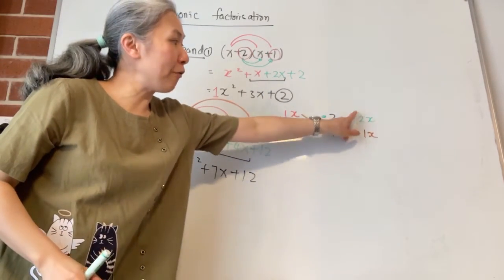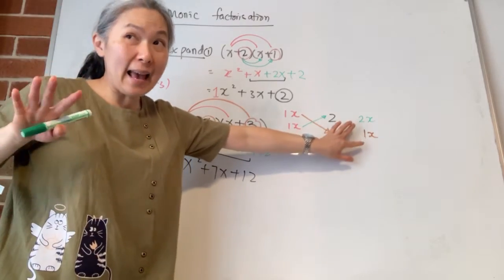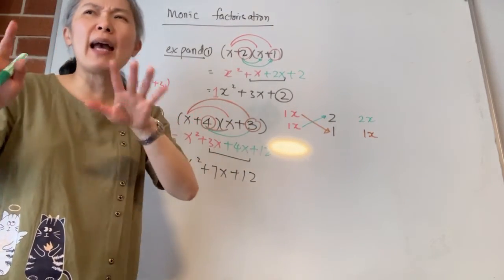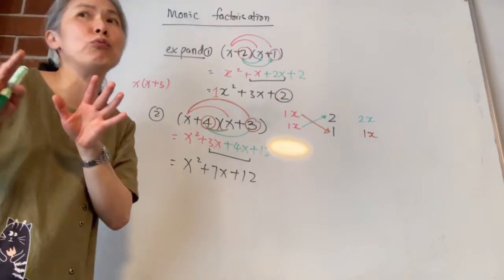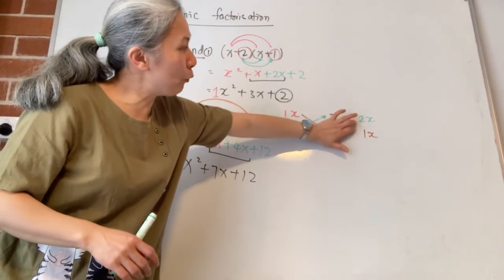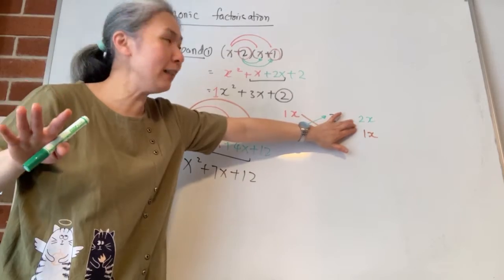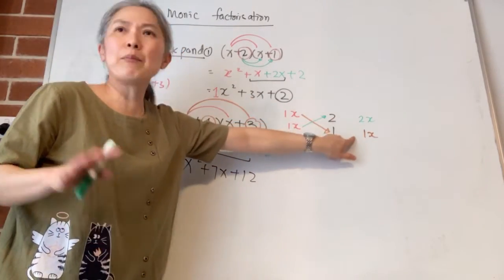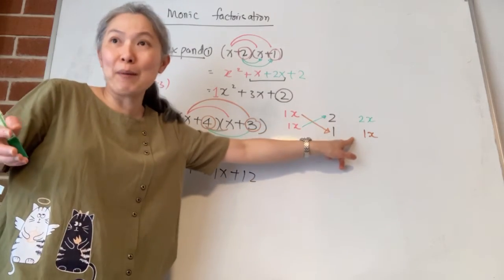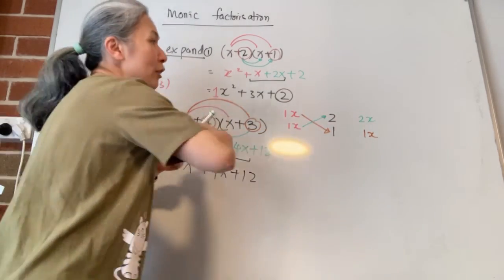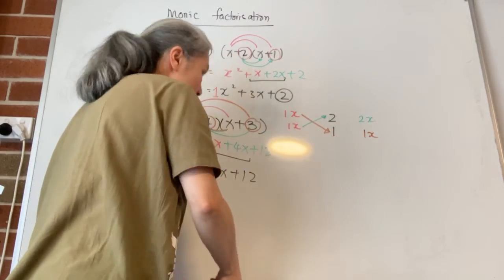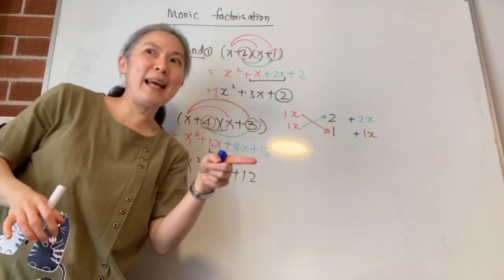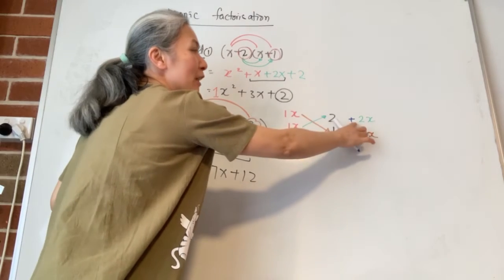These two numbers that I've written on the side, when I add or subtract them, sometimes you need to add, sometimes you need to subtract, it depends on the question. So when I work with these two numbers, either plus or minus, I need to get to 3. So what should I do? If I minus them, I'm not going to get to 3, right? If I plus them, I'm going to get to 3. Is that right? So if I have plus 2x plus x, that will give me plus 3x. Agree? So that means I need to do a plus.